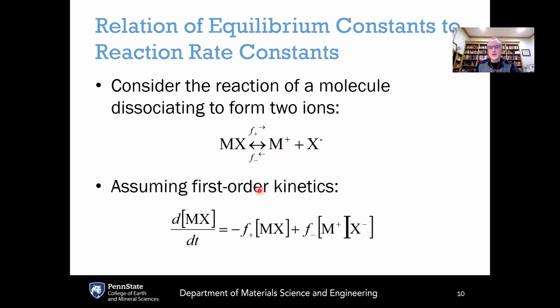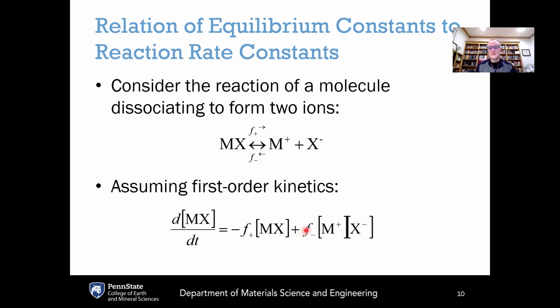If we assume that we have first order reaction kinetics here, then we can write the overall rate equation following this master equation approach, where the change of the MX concentration with respect to time is equal to, with the forward rate of reaction here, we're losing concentration of MX, so there's a minus F plus, since this would lead to a decrease in the concentration of MX, and that is multiplied by our concentration of MX, and then plus F minus, because everything that goes in this reverse direction is going to give us a positive amount of MX.